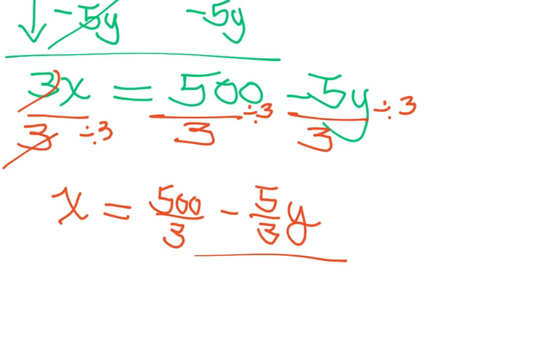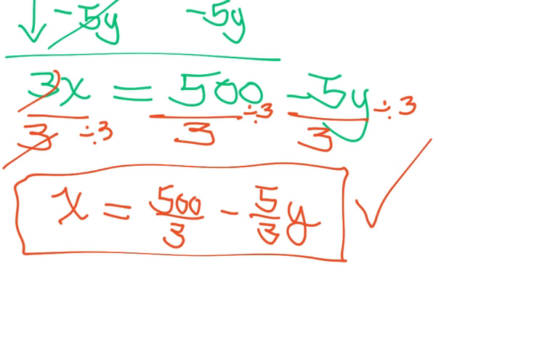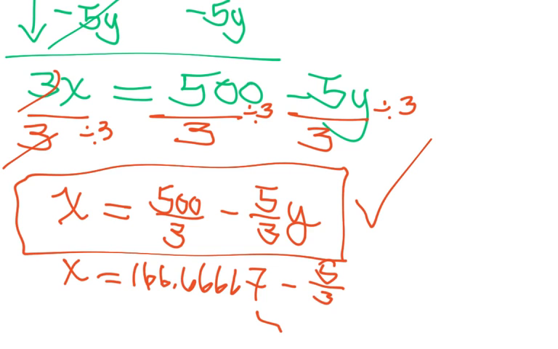This is completely acceptable. If you would have written x is equal to 166.66667, totally fine, minus 5 over 3y, totally fine. I would have taken that too.